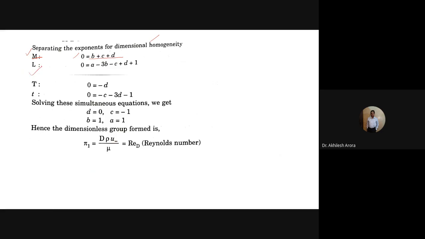Similarly for length, temperature and time. When we solve these equations for the pi 1 term, we get these values of a, b, c, d, and this gives us a dimensionless group, rho D u infinity divided by mu, which you know is the Reynolds number. So the pi 1 term comes out to be the Reynolds number.